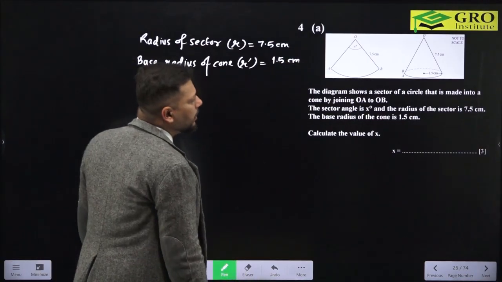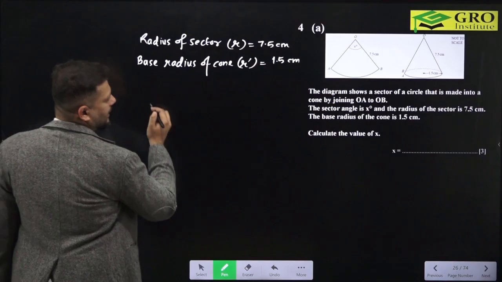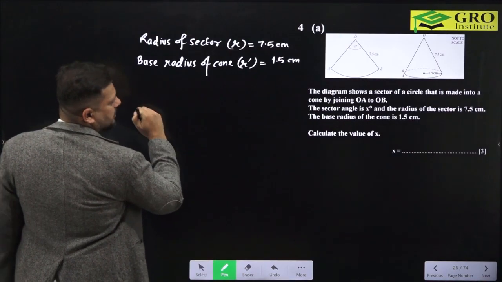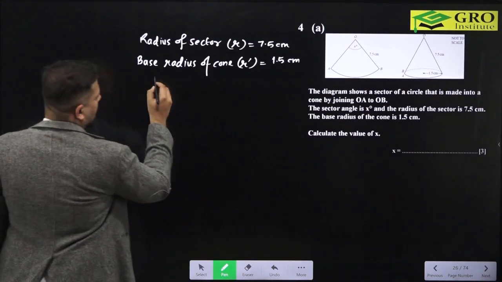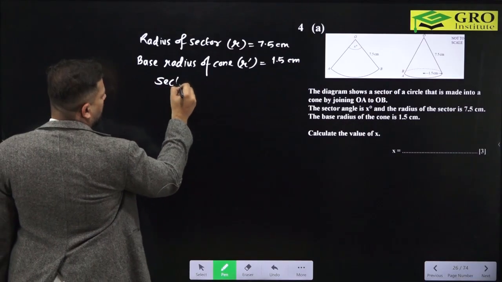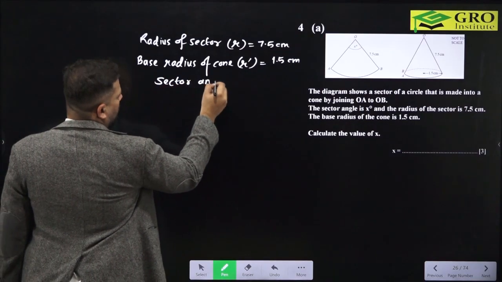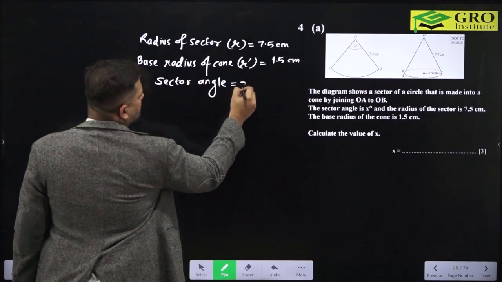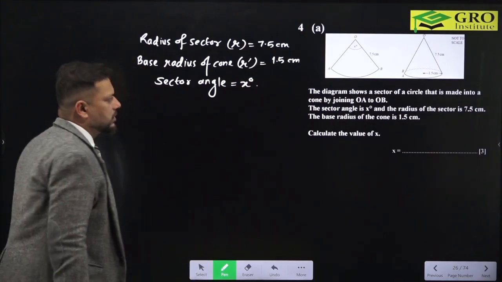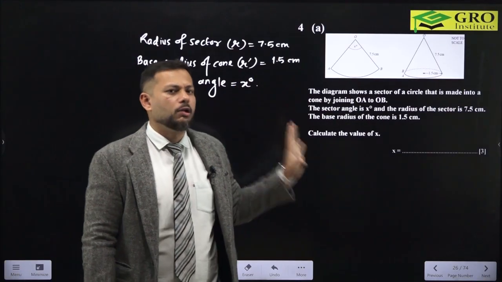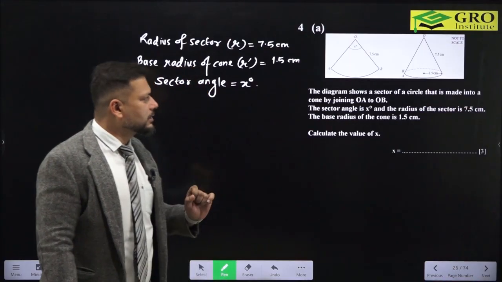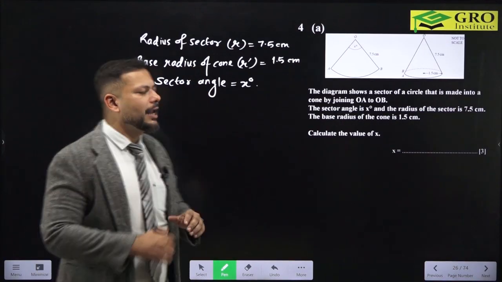What else is given? We are only being given the sector angle, or the value of x, I should say, right? Sector angle is given to us as x degrees, right? This is the information already given to us. Now guys, think about that angle x.